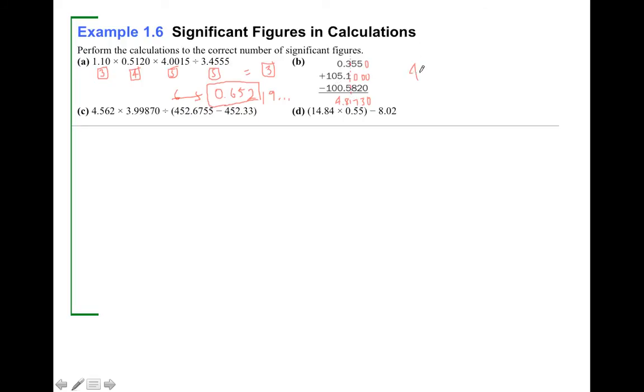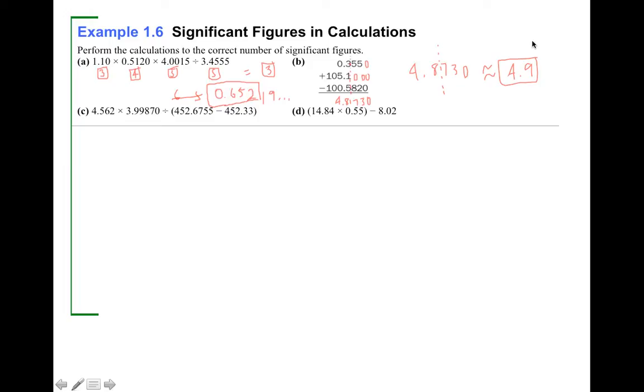Can you read that? It's 4.8730, but it lines up to that point right there, right? So this is going to have to be reported as 4.9. All right.